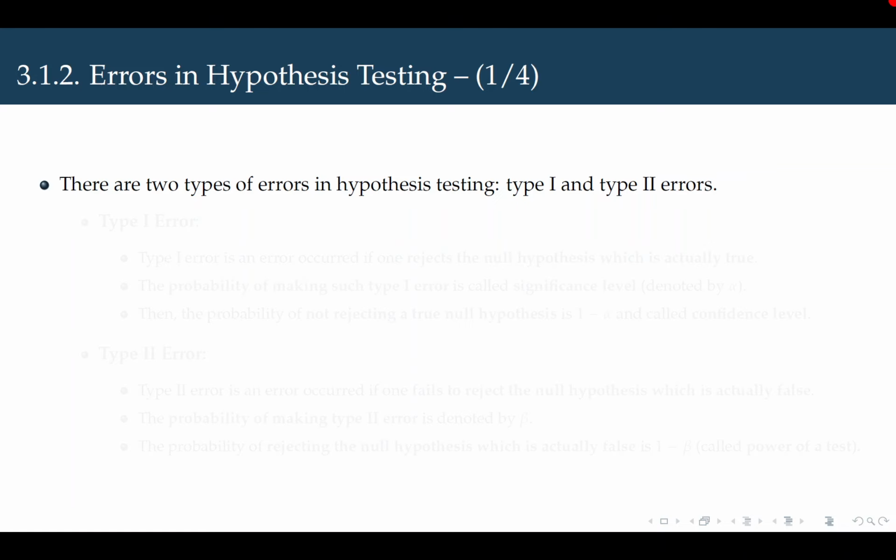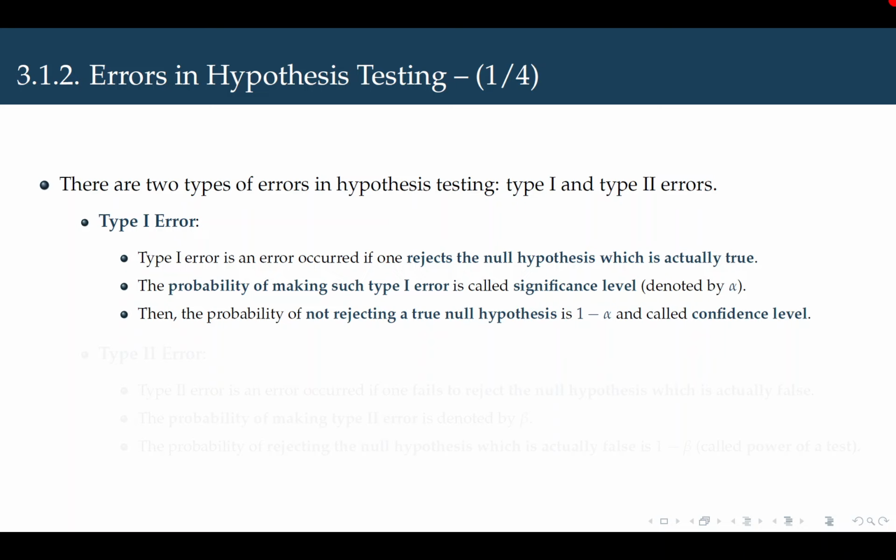Now let's consider errors in hypothesis testing. There are two main types of errors in hypothesis testing. One, it is called type 1 error, and the other type 2 error. The type 1 error is an error occurred if one rejects the null hypothesis which is actually true. Or in other words, rejecting a true null hypothesis is said to be type 1 error.